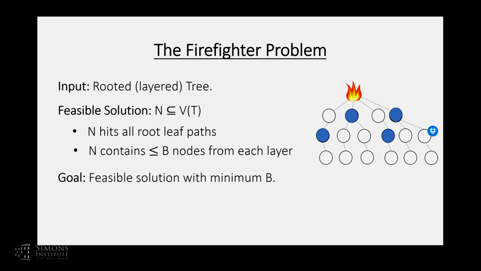Here's the thing that we need to find. We need to select a bunch of nodes N, such that every root-leaf path has one node from N. And the constraint is that every layer, so the rooted tree can be thought of as a layered graph, every layer should have at most b nodes. And I want to minimize b. That's the Firefighter problem. Is the problem clear?